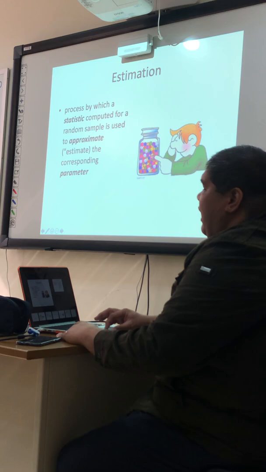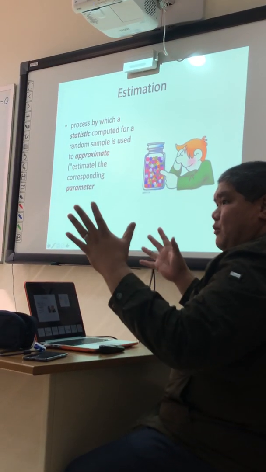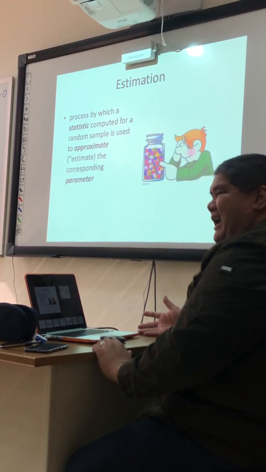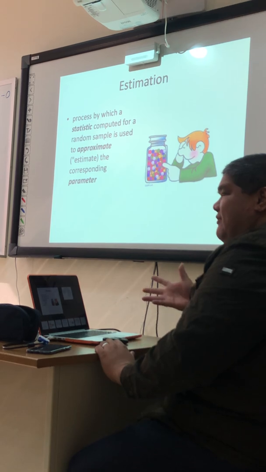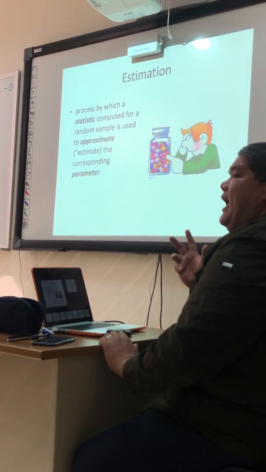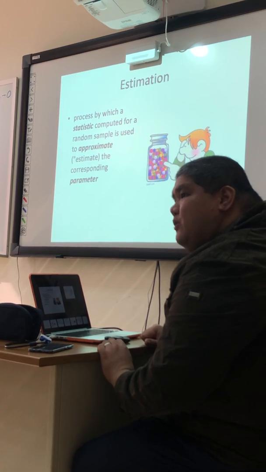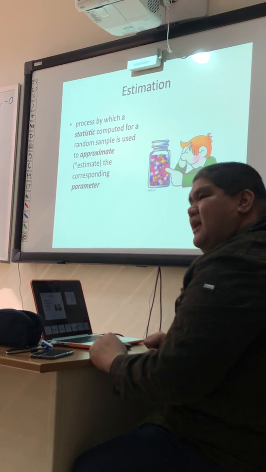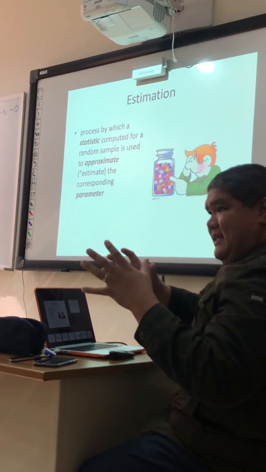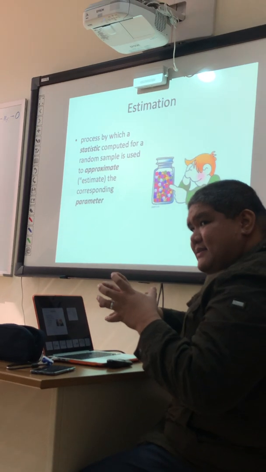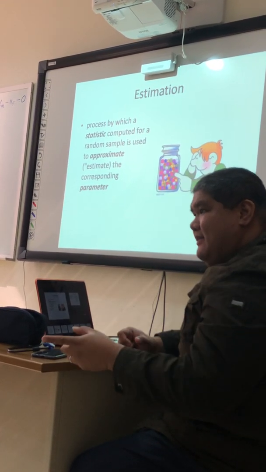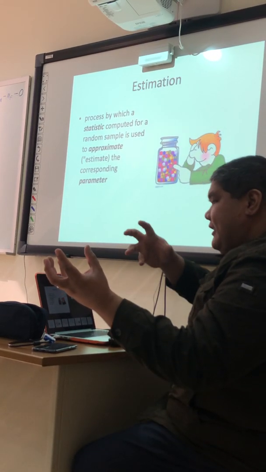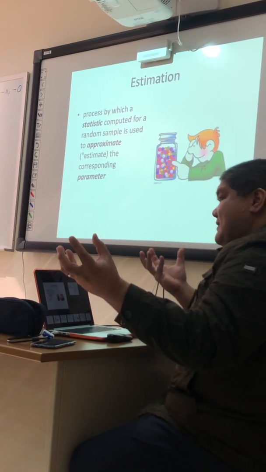Basically you would like to know how much it is in the population, either the mean value of a certain variable, height, weight, blood pressure, whatever it is, you would like to estimate. And which one are you estimating? The value of the parameter. You don't estimate a statistic because the statistic is what you observe from the sample. What you are estimating is the value of the parameter based on the observation from the sample.